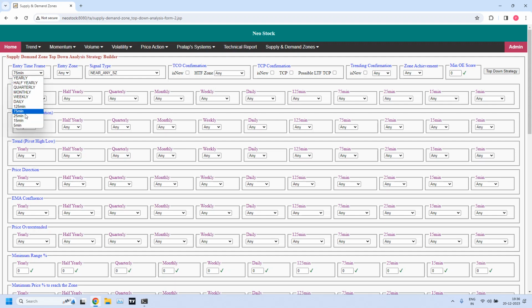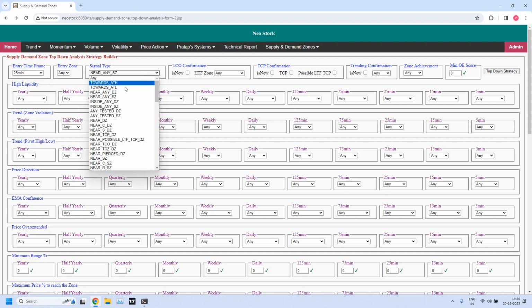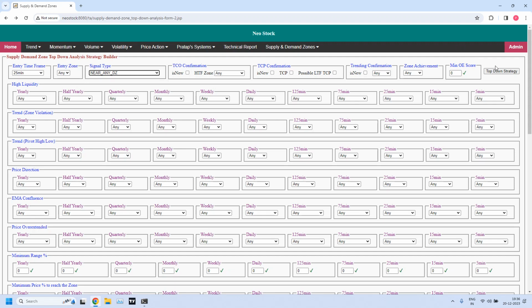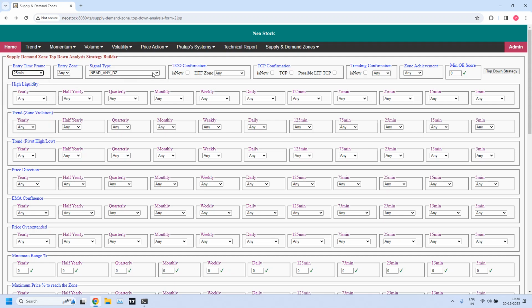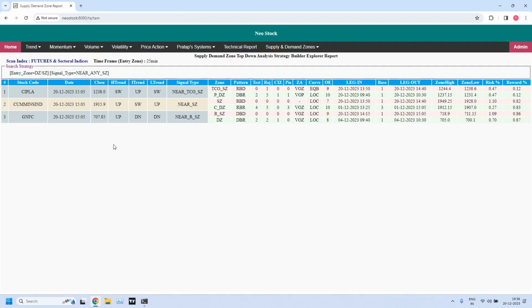And then we will generate the 25 minutes time frame, stocks near 25 minutes demand zone. This is the filtered list for 25 minutes time frame, stocks near 25 minutes demand zone. Let's go back. Entry time frame is 25 minutes. Let us find the stocks near 25 minutes supply zone. So these three stocks are filtered.